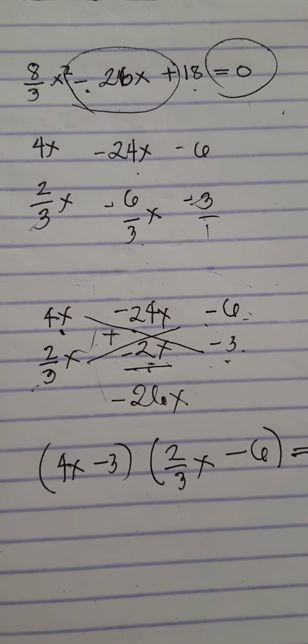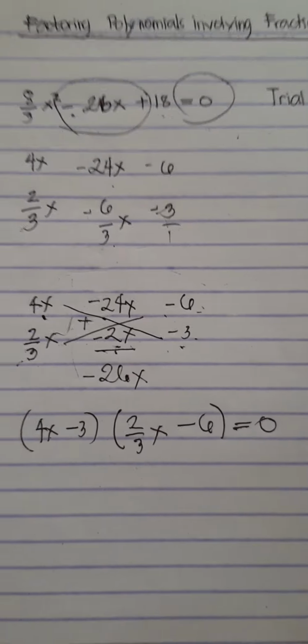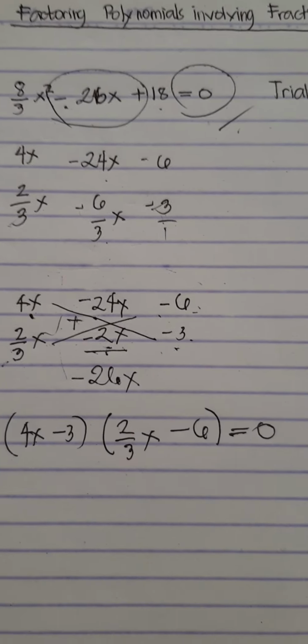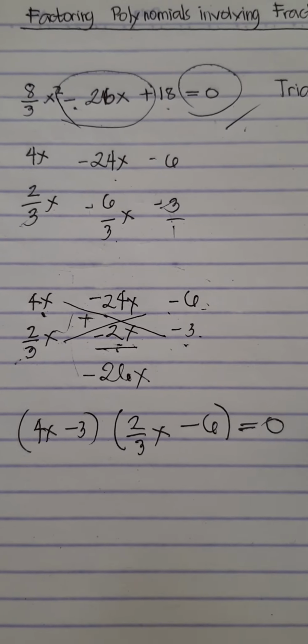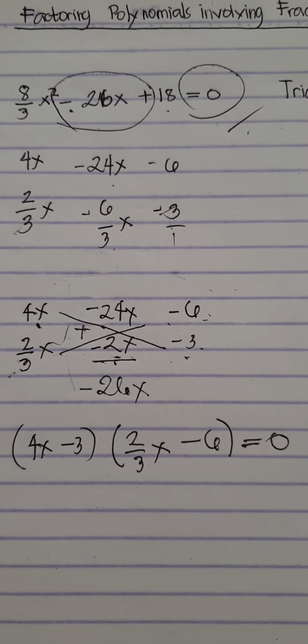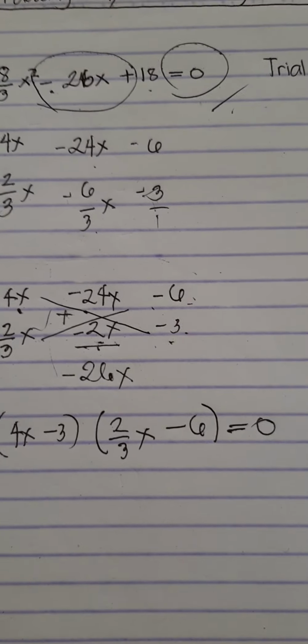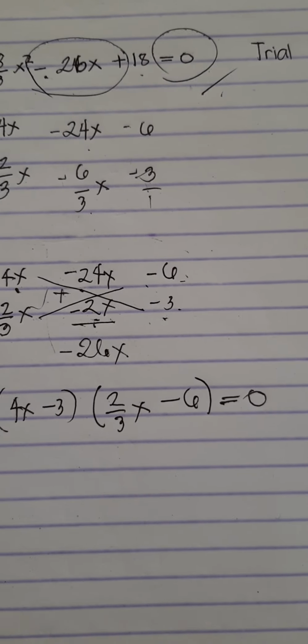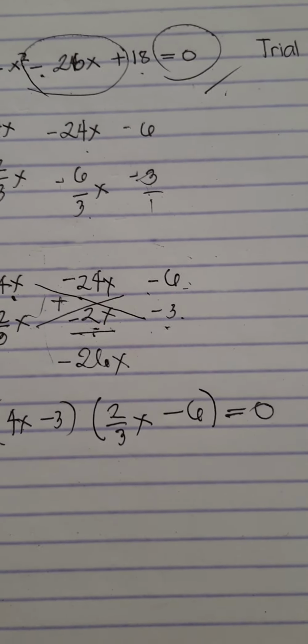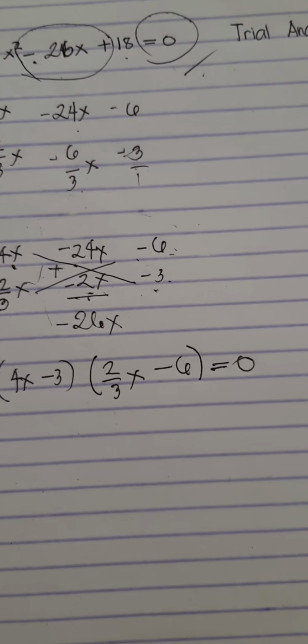So, since we now have the factors of this equation, what are the roots of this equation using these factors? Simple as this, all we need to do is equate every factor to 0 and find the values of x, and that will be your roots.